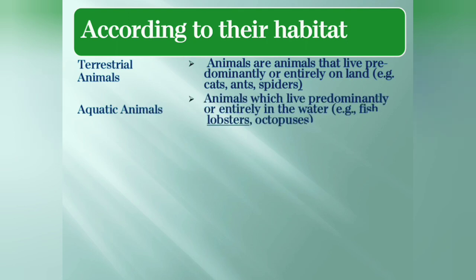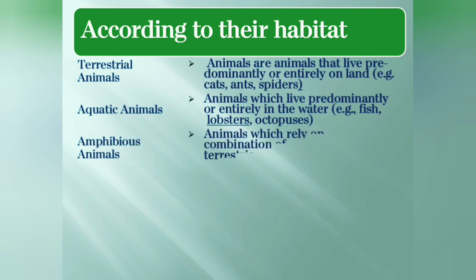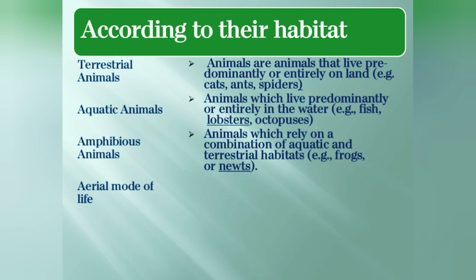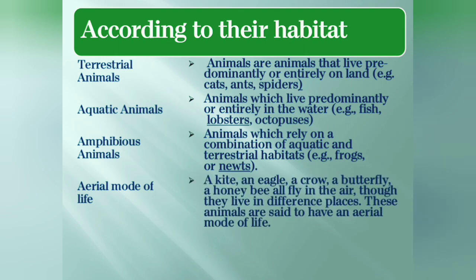Now the next one, aquatic animals, which live predominantly or entirely in the water, like fish, lobster, octopus. Okay, these are the aquatic animals. The next one is amphibious animals. Animals which rely on a combination of aquatic and terrestrial habitats, for example frogs and newts. So these are examples of amphibious animals.